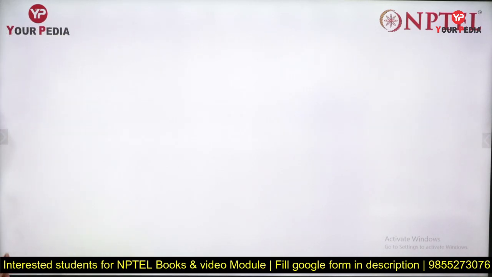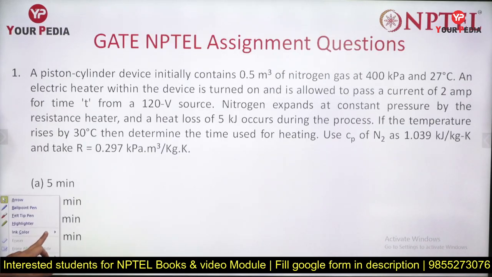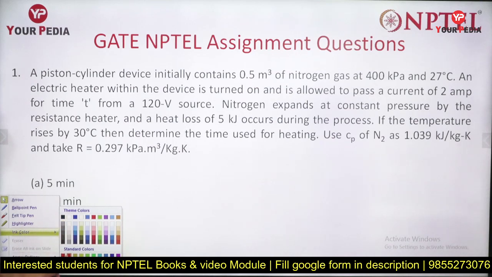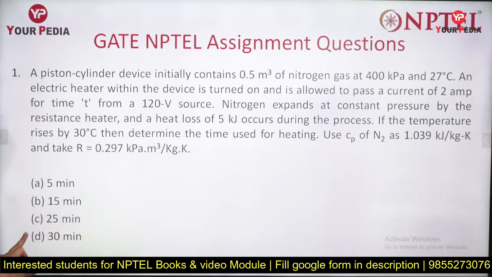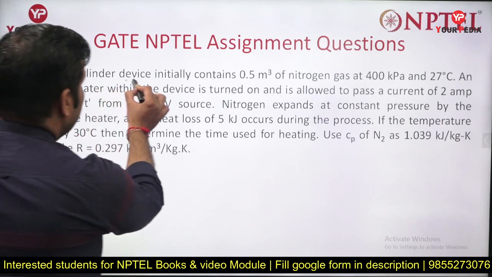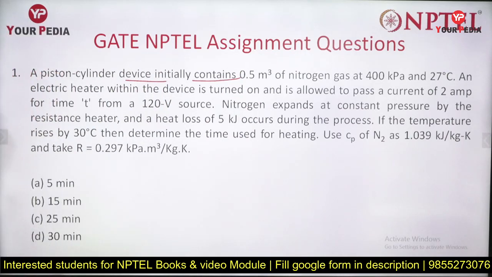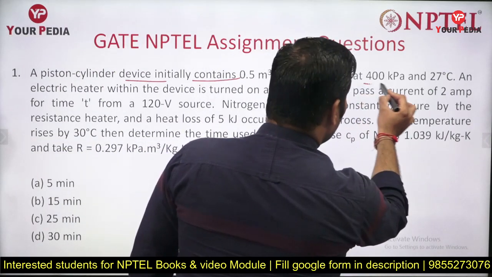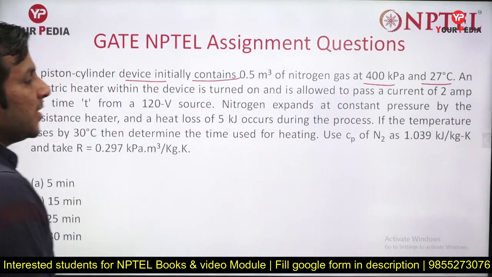So guys, what is he asking in this question? Let us read this first. There is a piston cylinder device initially containing 0.5 meter cube of nitrogen gas at 400 kilopascal and 27 degrees Celsius.